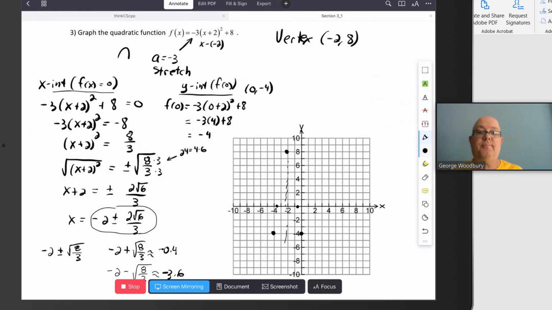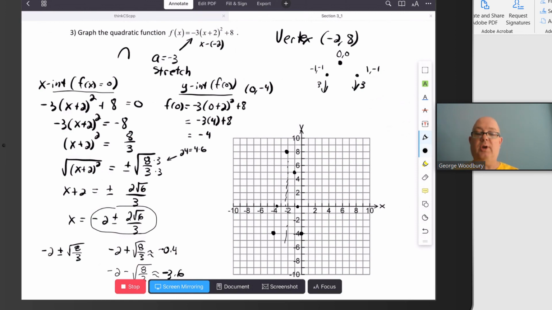Now, the last thing, thinking about negative x squared, which starts at 0, 0, and then has a point at 1, negative 1, and negative 1, negative 1, those have to move down by a factor of 3. So as we move 1 to the side, we're going to actually drop by 3. So 1 to the right of the vertex and down 3 would be about here. 1 to the left and down 3 would be about here.